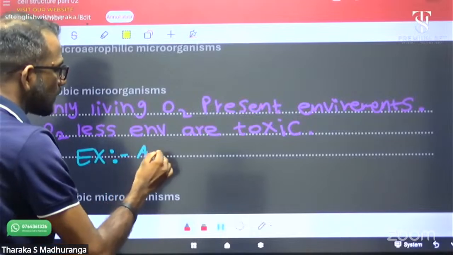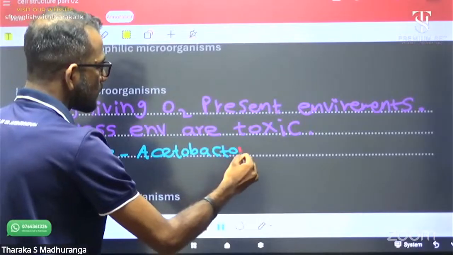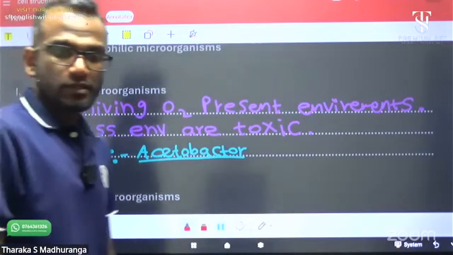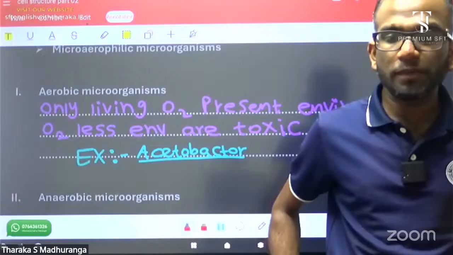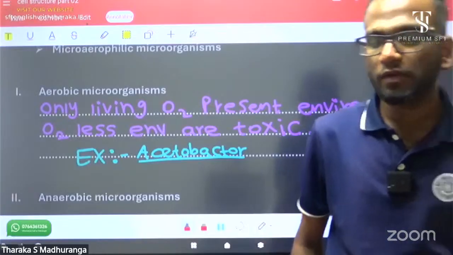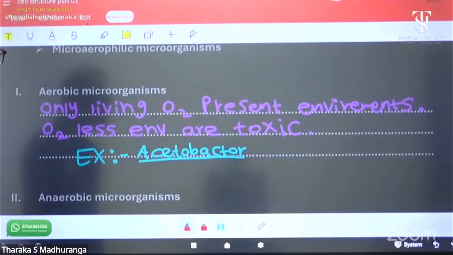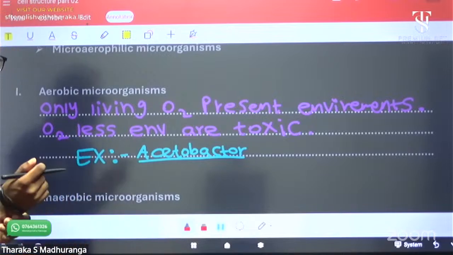Example, Acetobacter. Acetobacter is the one we use for vinegar production. Acetobacter is a type of aerobic microorganism. Okay, it's only one example. You have a lot of examples. I'll give you more in applications.